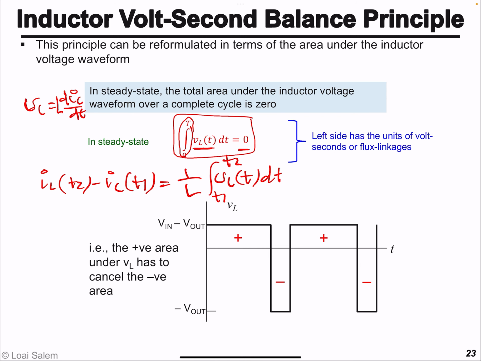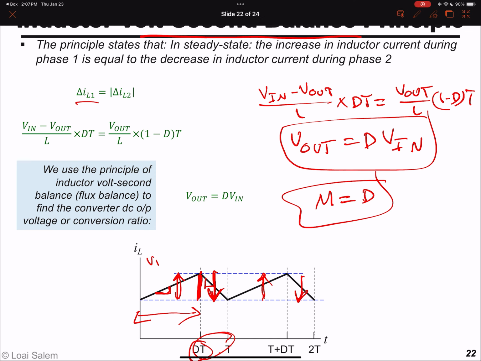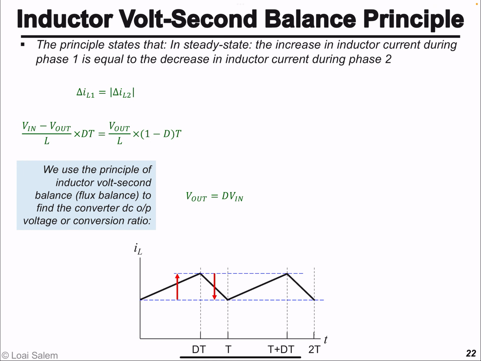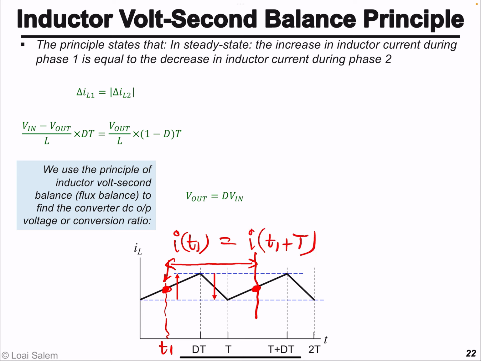So now if we make the signal periodic, say this is T1, and this is I of T1, and then let's take a complete cycle. If we take one complete cycle from T1, then we reach this point, and the current here is exactly equal to the current at T1. So I at T1 plus T is equal to I at T1.